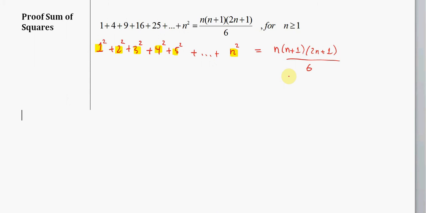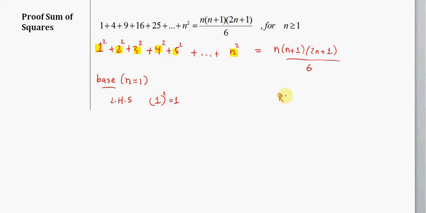Okay? So, to do that, we do what we've done before. Let's start with the base step. This is when n equals 1. So we see, well, is this even true for the narrowest cases? On the left-hand side, if n is equal to 1, all we have is just 1 squared, so that's equal to 1.